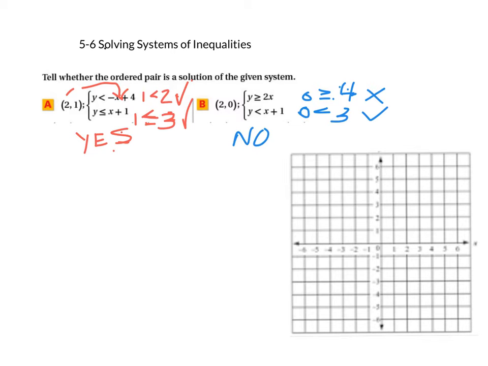So this ordered pair did not satisfy the first inequality, but it did for the second, but it's still a no. Once one of them is a no, this ordered pair cannot be a solution of the system.